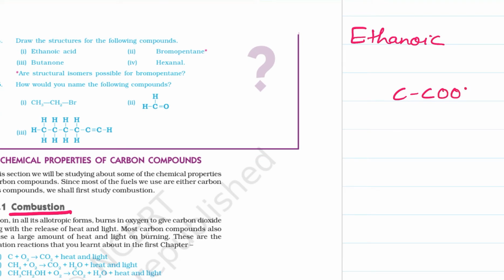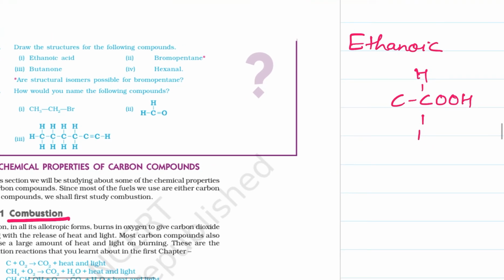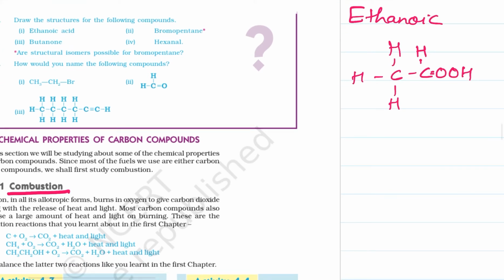So, you have COOH and here H. The 3 hydrogen valencies are completed. You have to see that the valencies are completed. Here, this will be a double bond. So, 3 are completed and so 1 H. This is ethanoic acid.